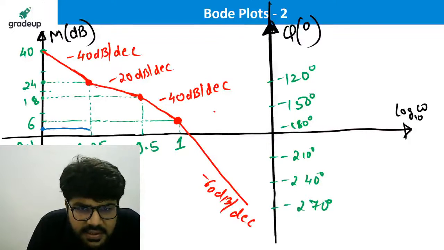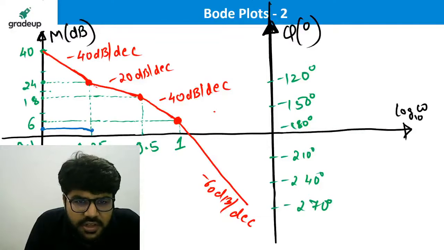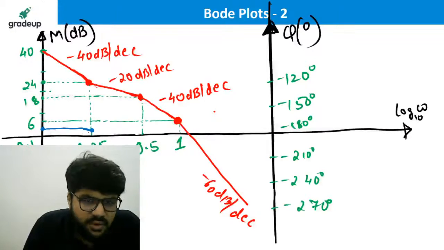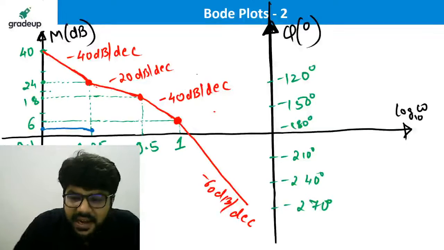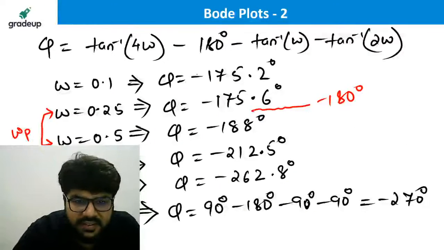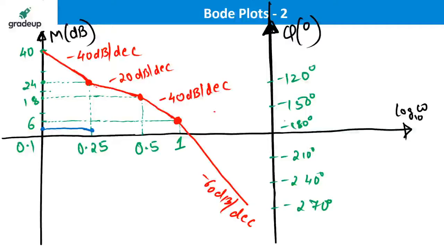At 0.25 also the phase is approximately minus 175, nearly the same value. Then at omega equal to 0.5, it is minus 188, somewhere below minus 180. This will be the next value of phase.